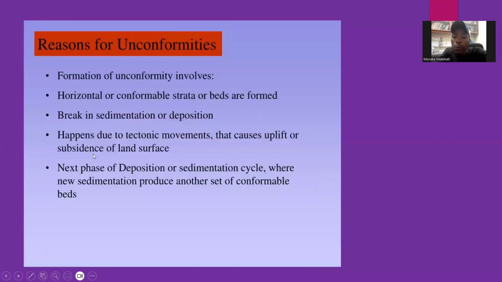So we say an unconformity is a gap represented by a period where there was no deposition, or deposition paused for a moment, or it's a period of erosion. If we see older layers which were eroded, we would have an erosional surface, and on top of that erosional surface we would have newly deposited younger sedimentary rocks.